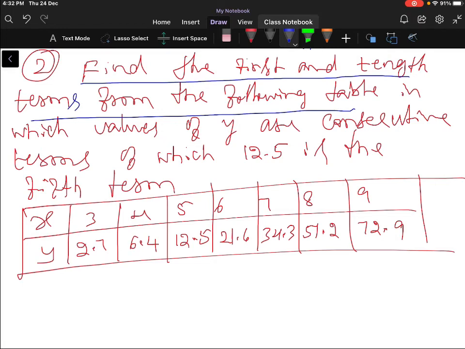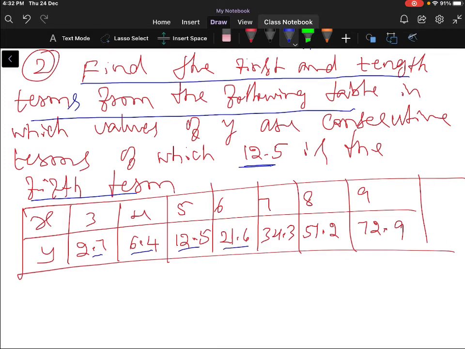The second problem: find the first and 10th terms from the following table in which values of y are consecutive terms, of which 12.5 is the fifth term. So we have the data points in the table where x is equal to 3, 4, 5, 6, 7, 8, 9.